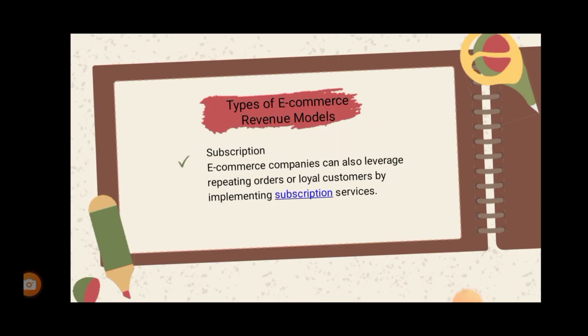And then, lastly is the subscription. So e-commerce companies can also leverage repeating orders or loyal customers by implementing subscription services. You are a loyal customer. So for example, there is a fixed price. The e-commerce company will assemble a product or a package, introduce new products and incentives, locking you into a long-term agreement at a lower monthly price. So for example, the same sa Home Credit, we go back to white labeling.